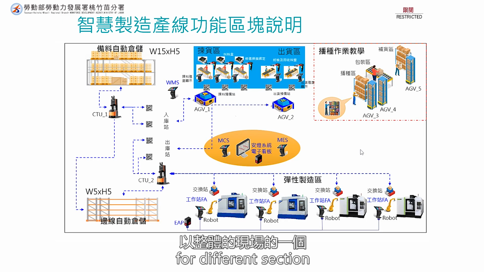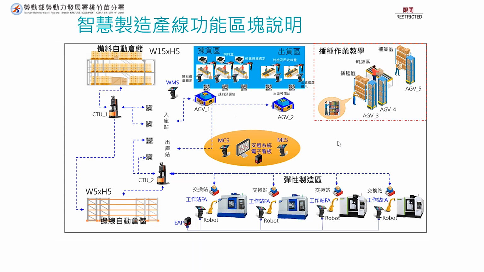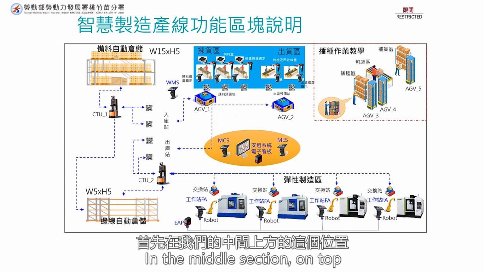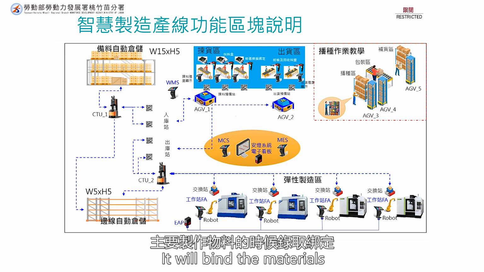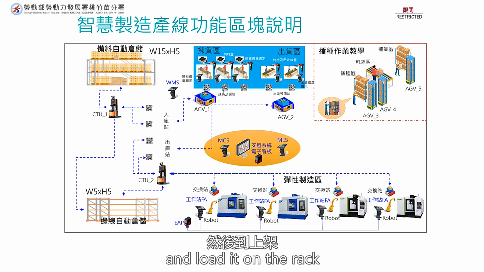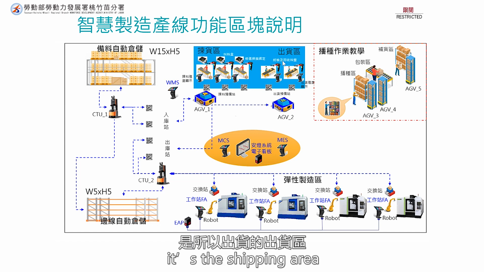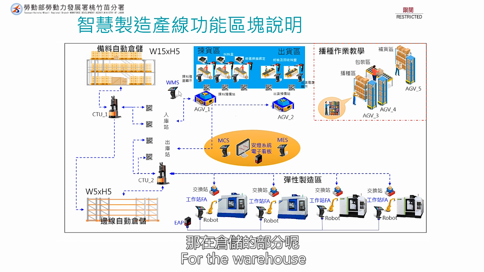Okay, for the different sections of the smart production line, I can give you a summary. In the middle section on top, it's the picking area. It will bind the materials and load them on the rack. On the right, it's the shipping area. For the warehouse, WMS is in control.